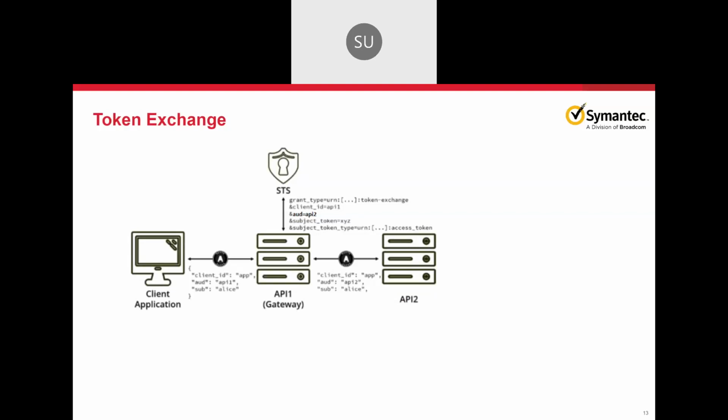In the diagram, we can see that the original token has audience as API 1, so it accessed API 1, but the resource server needs to access another API. So it has to exchange the original token for a new token. It called the authorization server with the token exchange grant and audience as API 2. Then it gets a new token and uses that token to call API 2. So this is about token exchange.